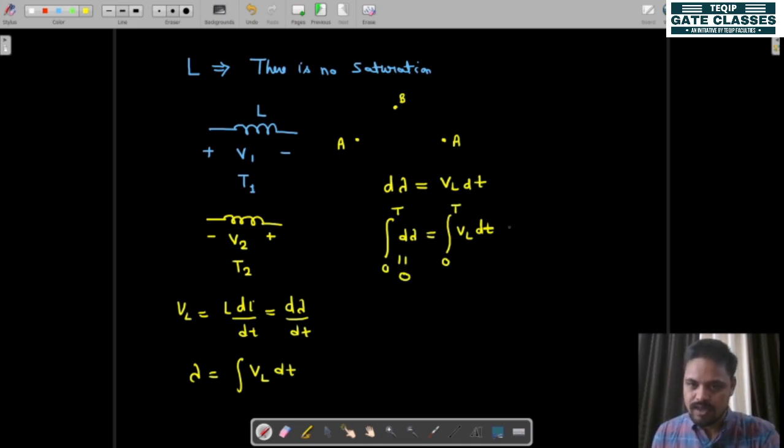So, from this condition, the voltage across the inductor is changing with time. For T1 time the voltage across the inductor is V1, suppose it is plus V1. In the next time T2 it is going to be minus V2. So, if you put this value, you divide this whole time t into two parts, 0 to T1, it is V1 dt, plus T1 to capital T, minus V2 dt.